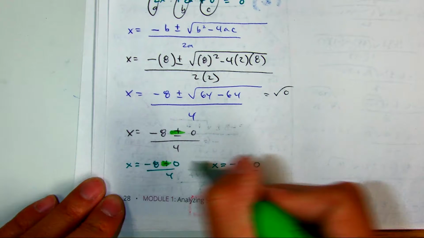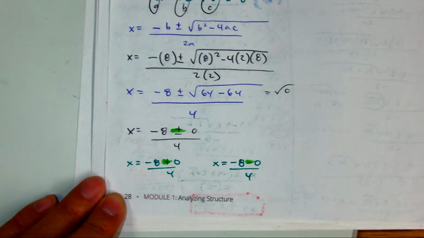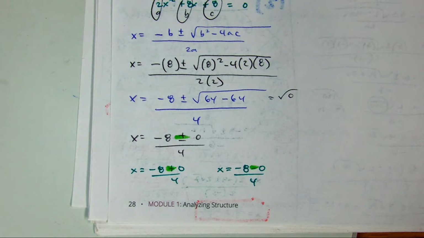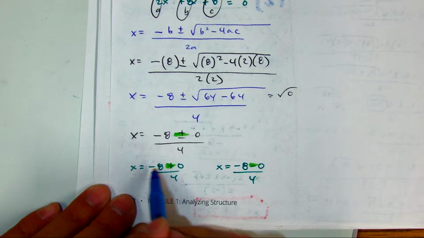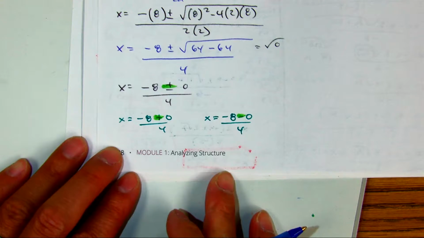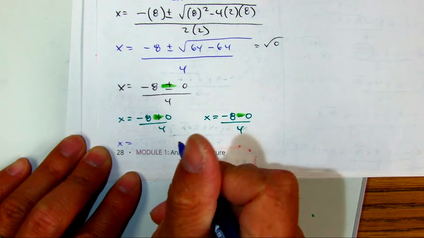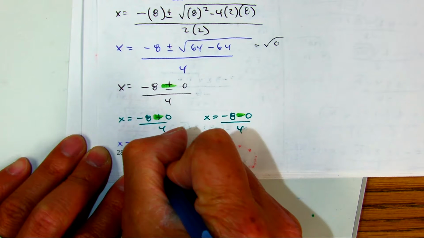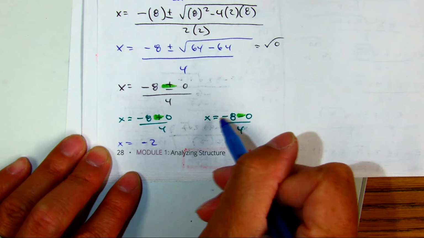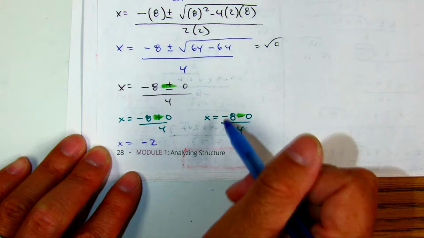We're just splitting those up. And Jonathan, if you simplify those, what do you get? Negative 8 plus 0, and negative 8 divided by 4. Negative 8 minus 0, and negative 8 divided by 4.